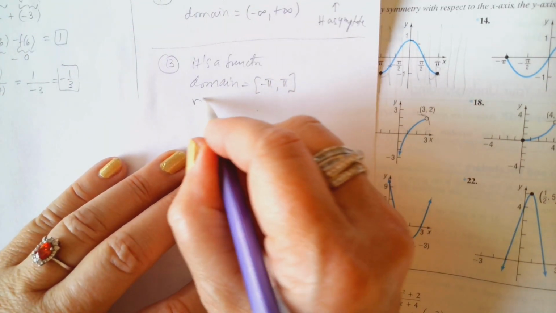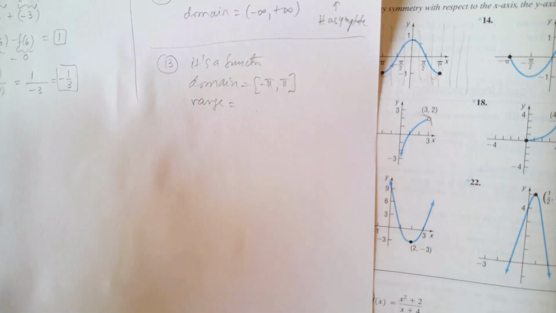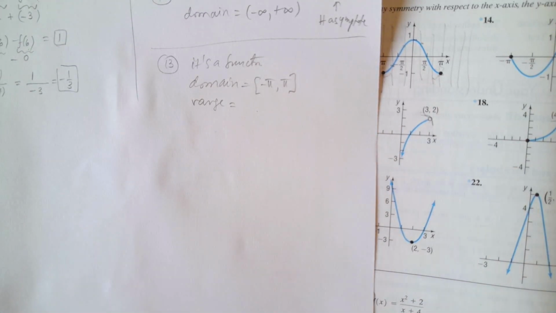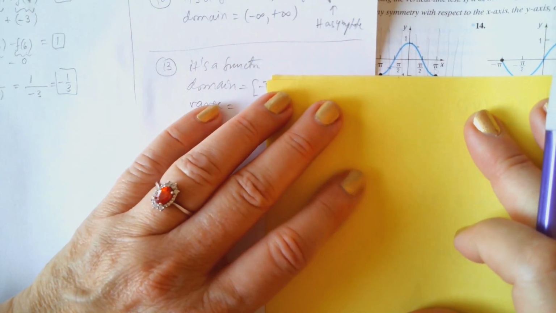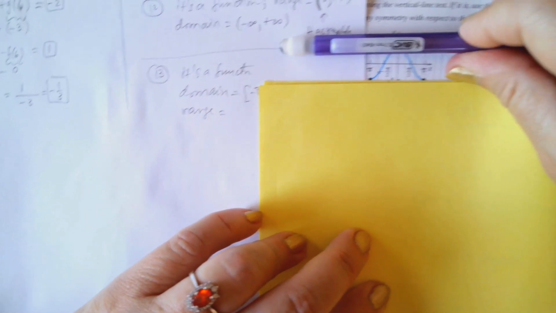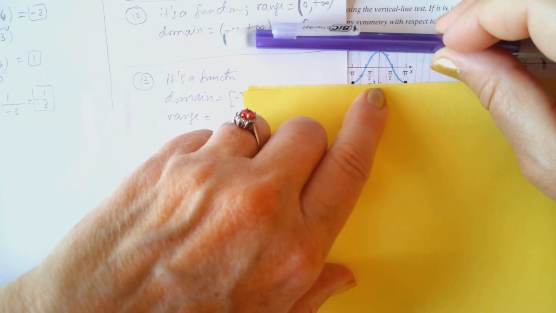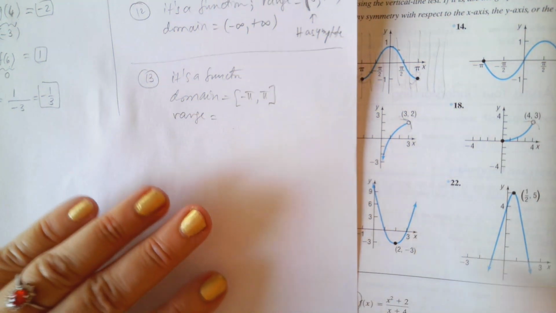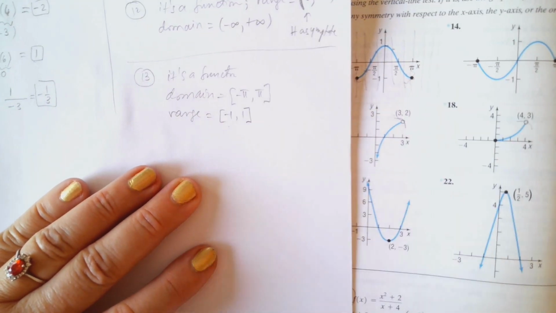While for the range, I look at the y-axis. I only have a graph between minus 1 and 1, and no graph beyond those 2 points. So the range is going to be minus 1 to 1, including those 2.